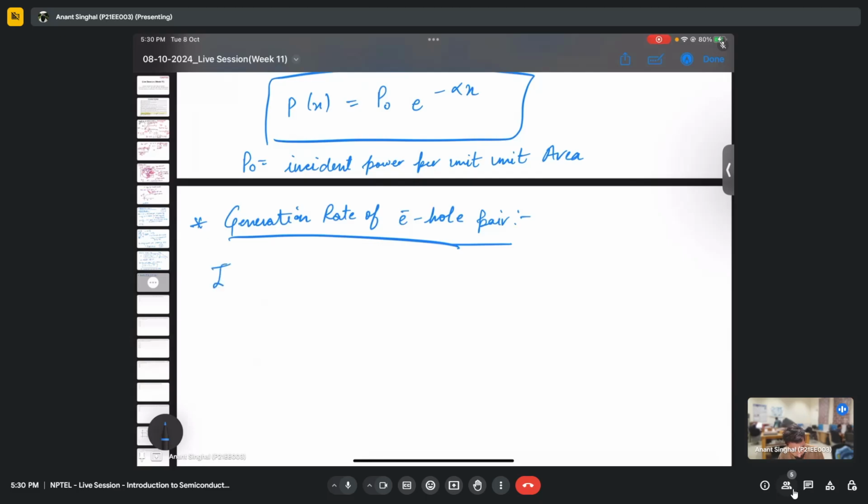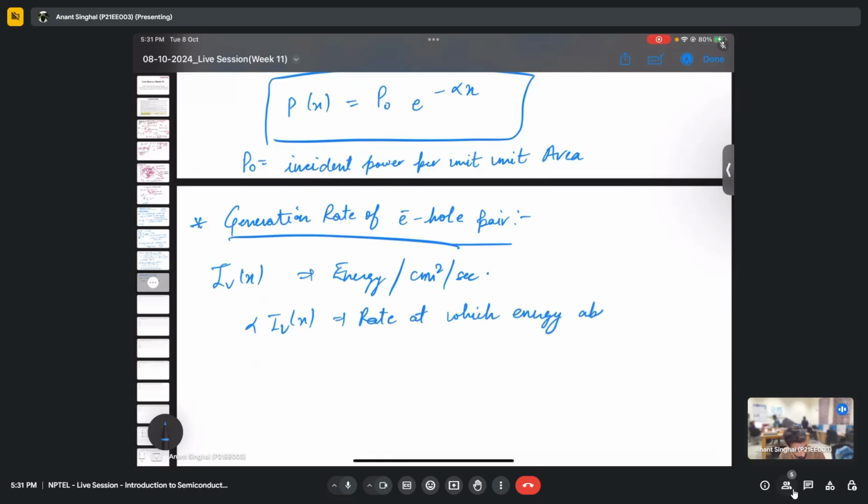So this intensity I_ν(x), as I already told you, is nothing but energy per centimeter square per second, right? And this alpha I_ν is the rate at which energy is absorbed per unit volume.